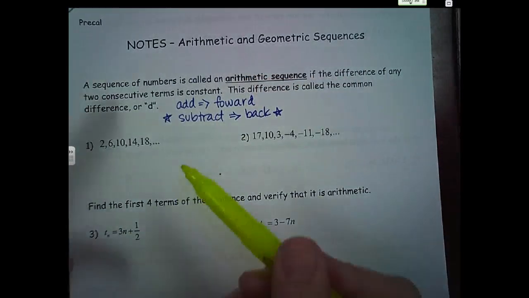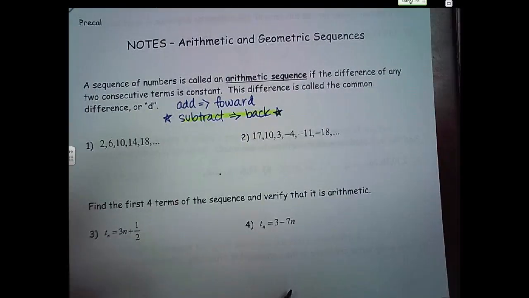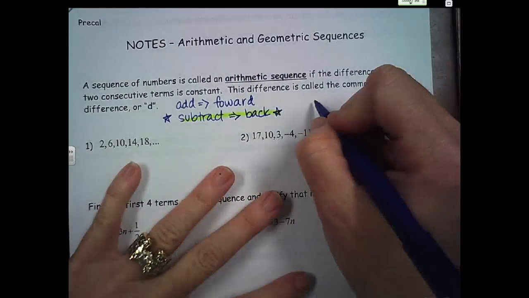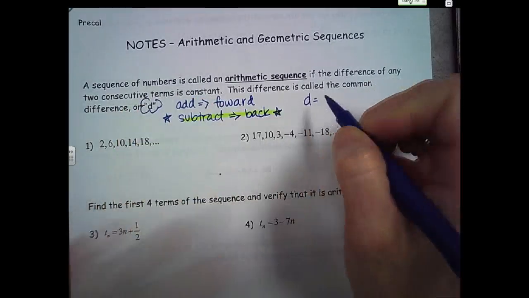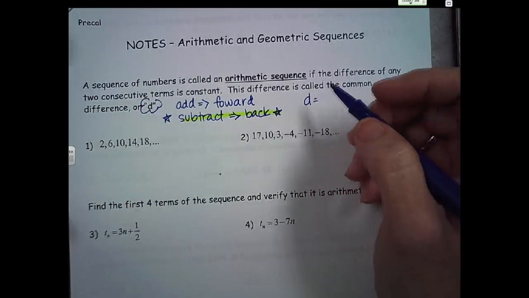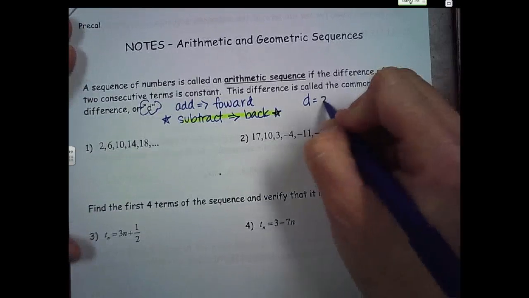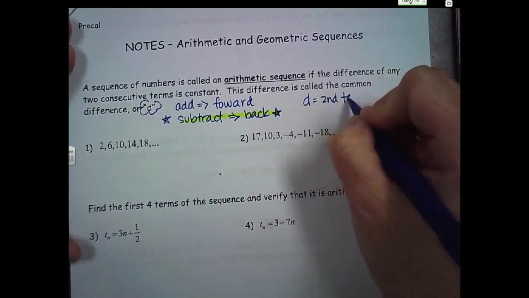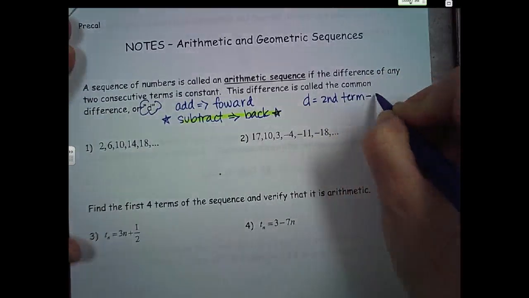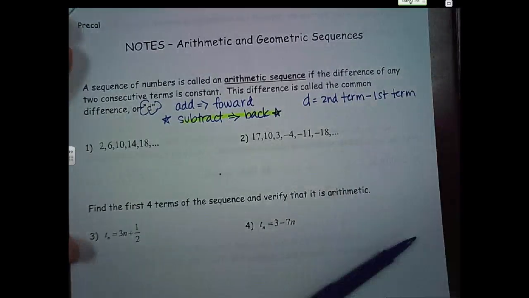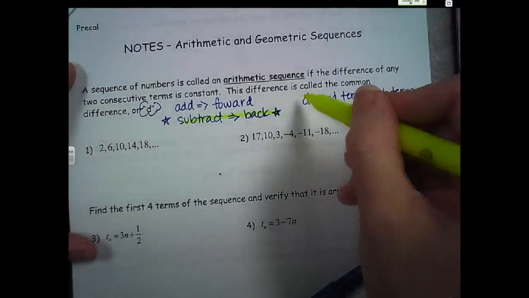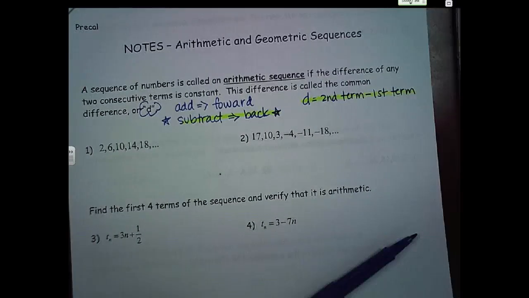So you can do it any way, there's no specific way. If you're looking for d, the common difference, the easiest way, in my opinion, is to take the second term minus the first term.